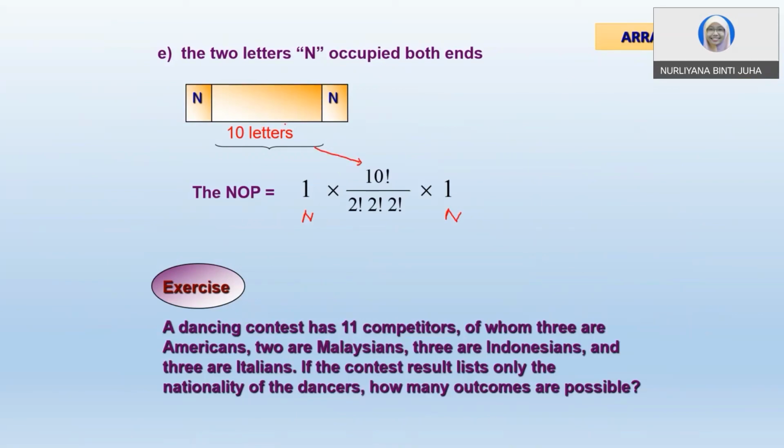So, tengah tadi we have 10 letters. So, 10 factorial. Divide by, this one is for E, A, and R. That's why you have 2, 2, 2 factorial. Sebab berulang. Okay. So, you multiply lah. Jangan tinggalkan jawapan dalam macam ni. You kena tekan calculator. Masukkan dalam calculator so you get the answer.